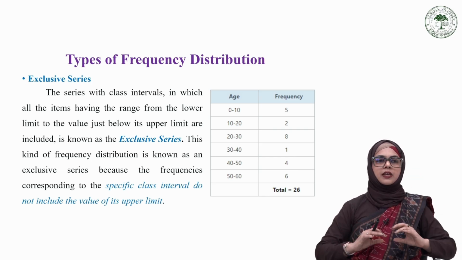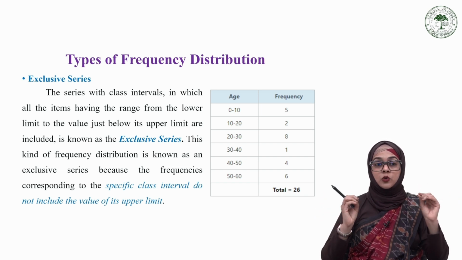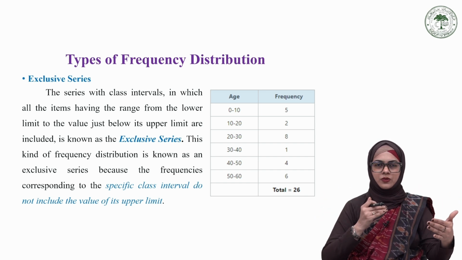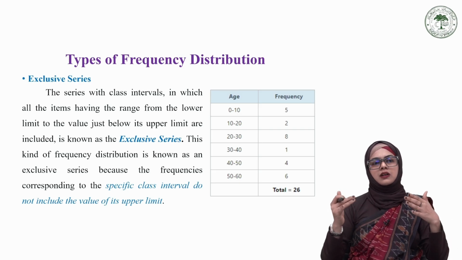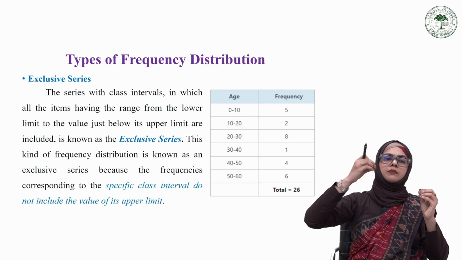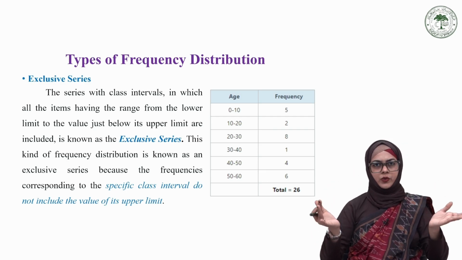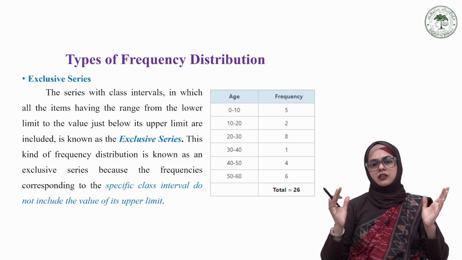So the first type is exclusive series. As the word suggests, exclusive. That is, something is being excluded out. Now, the series with the class interval in which all the items have been arranged from lower limit to the value just below its upper limit are included, and the other is excluded.